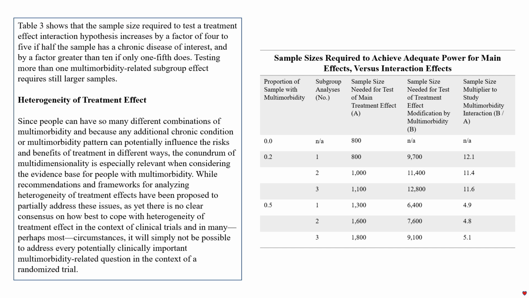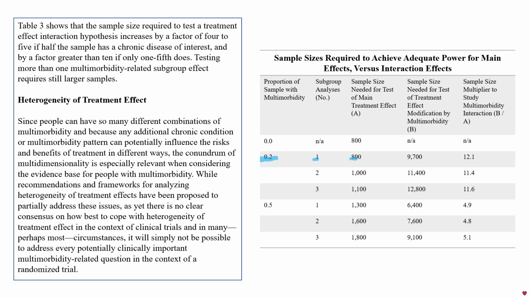So this table on the right shows the sample size required to achieve adequate power for main effect versus interaction effect. And so we see if the proportion of sample with multimorbidity is 0.2, so if 20% of the sample has multimorbidity and the number of subgroup analyses is 1, then the sample size needed for a test of main treatment effect is 800.